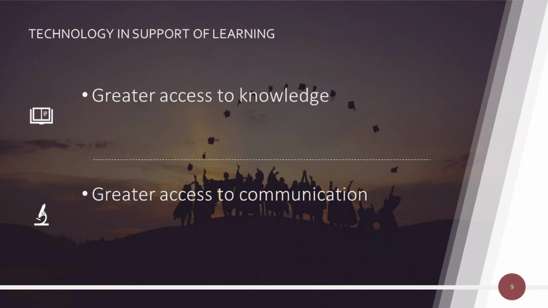Another trend is the use of technology to support learning. For most teachers, technology means using computers and the internet as resources for teaching and learning. Now, these tools have significantly increased the amount and range of information available to students, even if their benefits have sometimes been exaggerated.